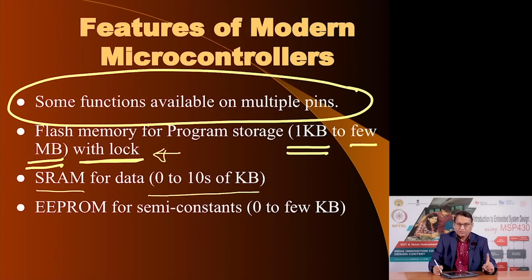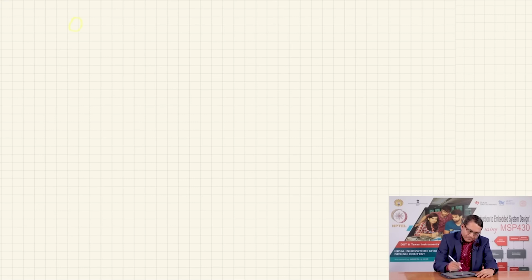Now there is an important question that comes to our mind: if the amount of data memory, that is SRAM, on a microcontroller is 0, that is no memory, how are we going to store our variables? Because the data memory is used for several purposes. One, for storing variables.